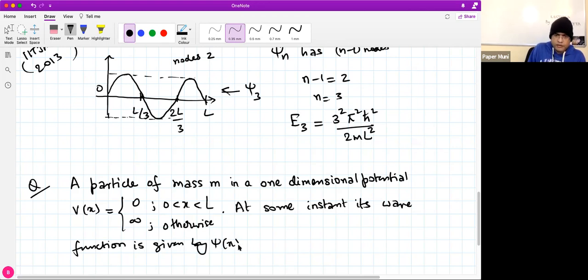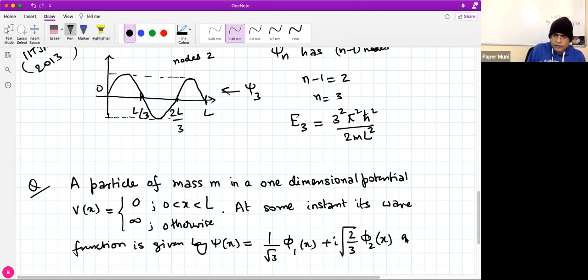psi x is equal to 1 by root 3 phi 1 x, let's make it a different symbol, phi, plus iota root 2 by 3 phi 2 x.